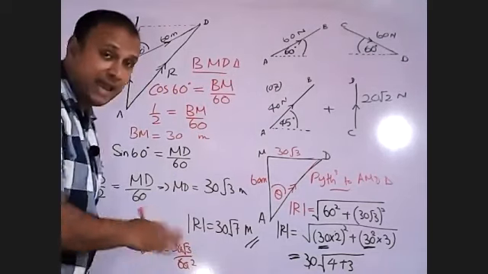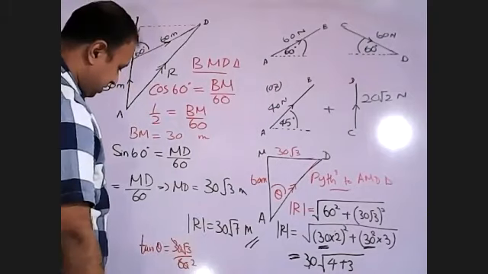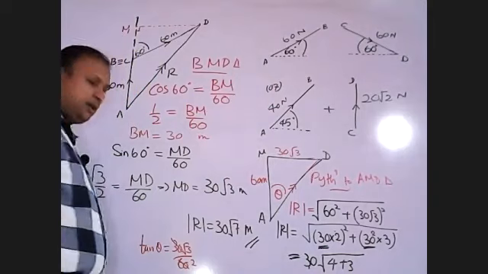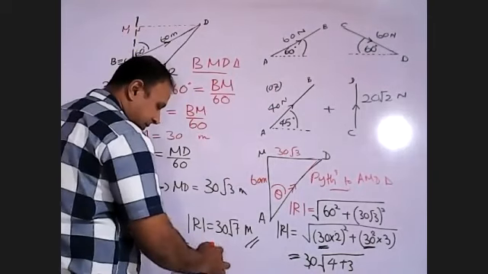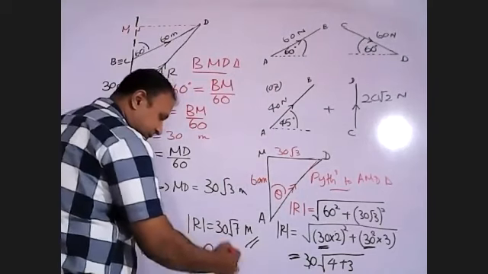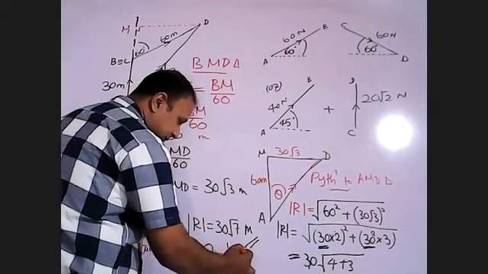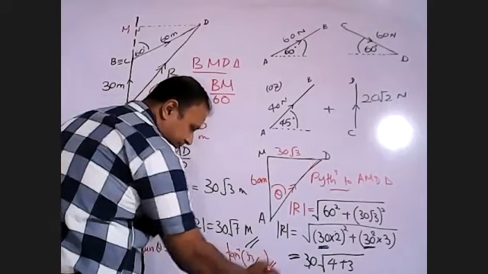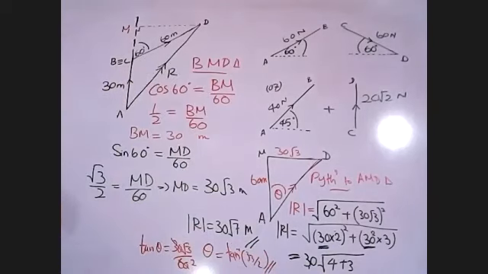This is tan theta, not sine or cos. I don't know the value of tan theta equals root 3 over 2, so you can just make theta the subject: theta equals tan inverse root 3 over 2.